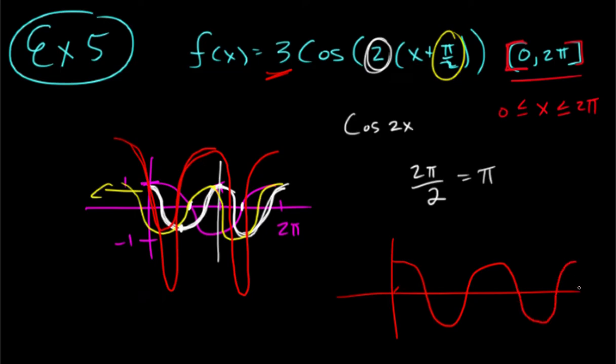Okay, so here's 2 pi, because we do need to draw it from 0 to 2 pi. Now this is pi halves, this is 3 pi halves, this is 0, this is 1 on the y-axis, -1, 0 on the x.